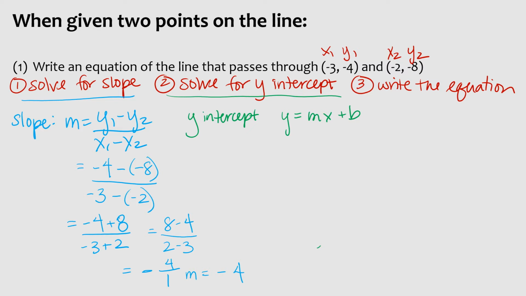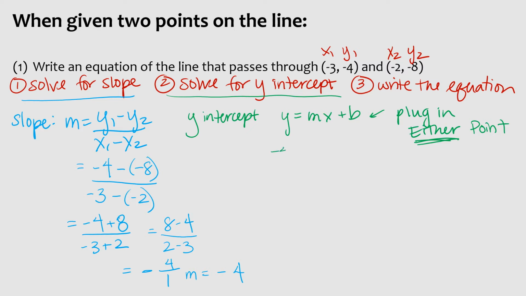This is a really crucial, important thing. I can plug in either point. It does not matter which one you plug in. I'm going to choose the 3 and the -4, just because smaller numbers. That's why I chose that one.